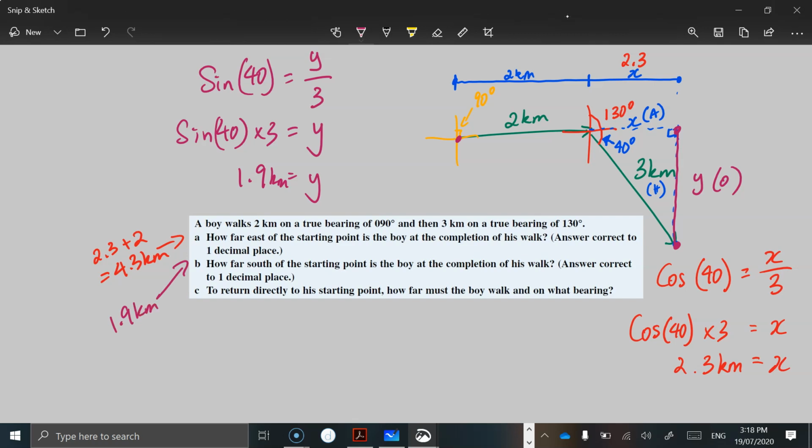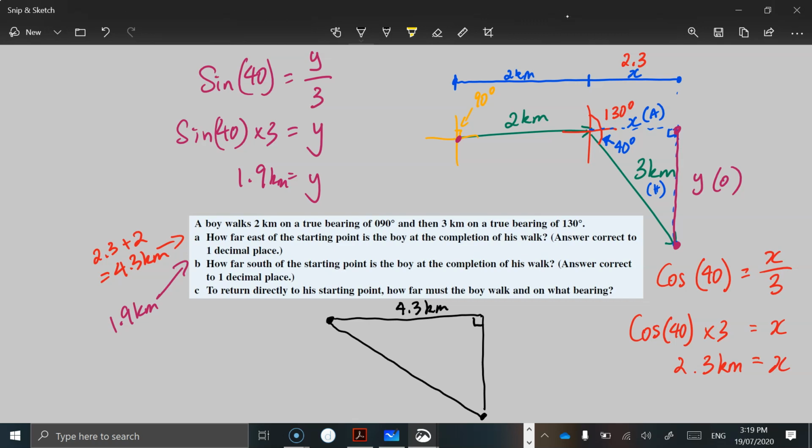Okay, lastly, to return directly to his starting point, how far must the boy walk and on what bearing? So let's redraw this. So here's his end point, and we can generate this triangle. Okay, we know this side of the triangle is 4.3 kilometers.